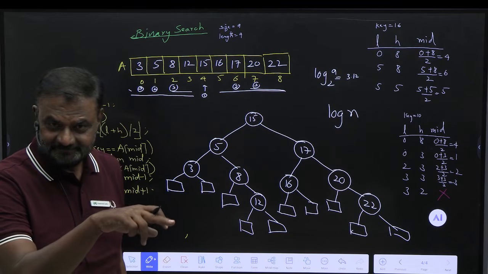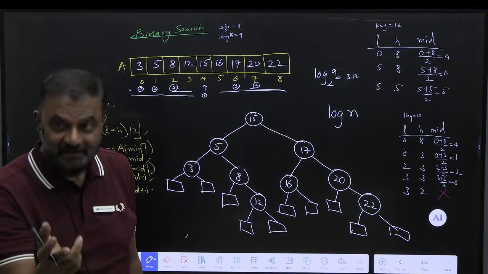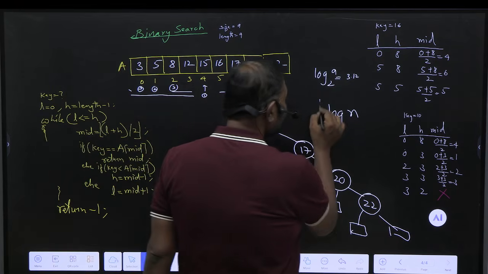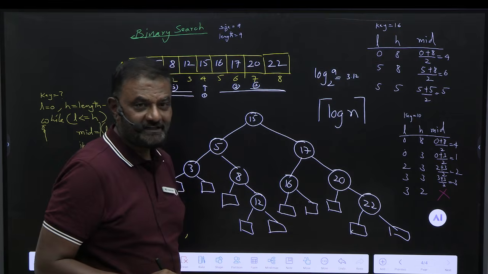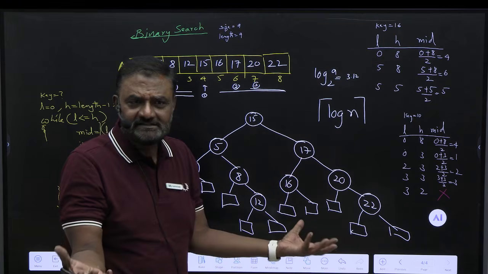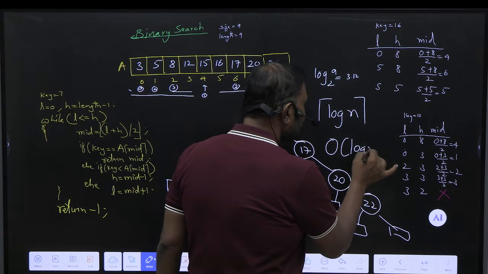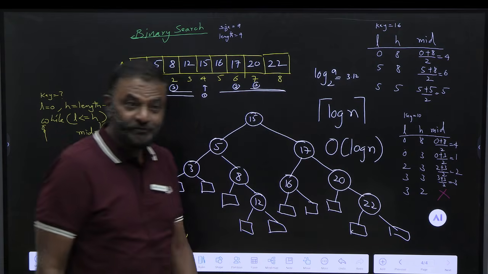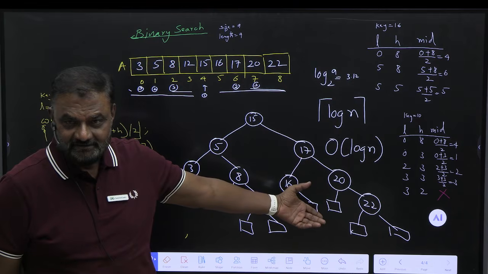Ceil or floor? Ceil. So if you want the exact answer, it's ceil of log n. If you want a rough answer, meaning an asymptotic answer, it's O of log n. If you want the exact number of comparisons, then ceil of log n.